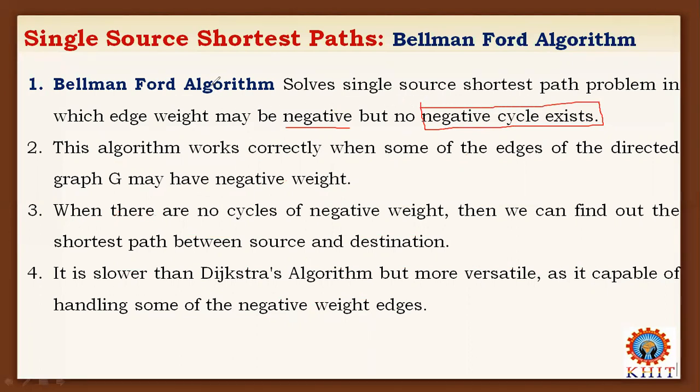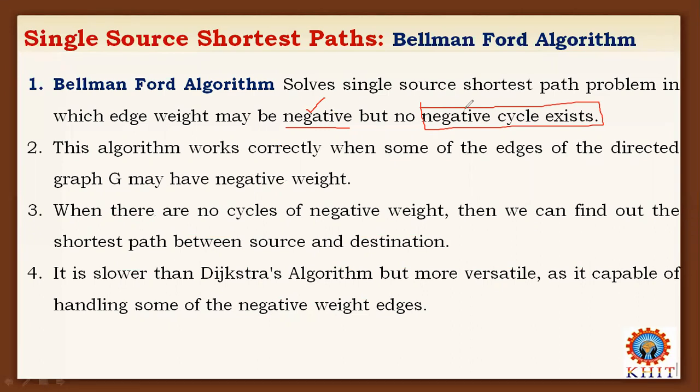Bellman-Ford algorithm can be used to find the single source shortest path of the given graph. The graph can contain negative edges and it will work, but the graph cannot contain negative cycles. That means if the given graph contains negative cycles, then in this case, Bellman-Ford algorithm cannot be supported.